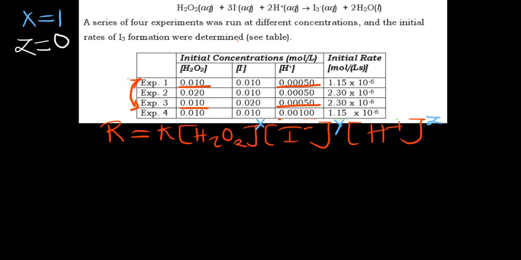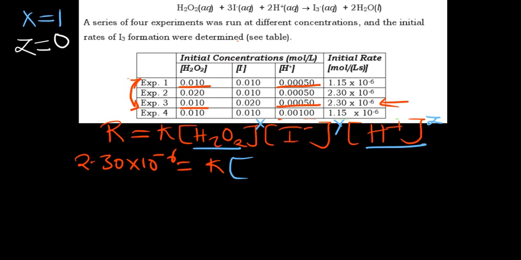So of the same, there the rate was 2.30 times 10 to the power negative 6 equal to k. So for the H2O2, we can see that this and that were the same, so they will obviously be eliminated.